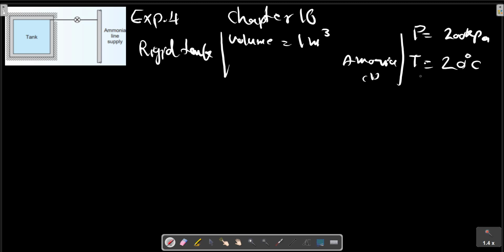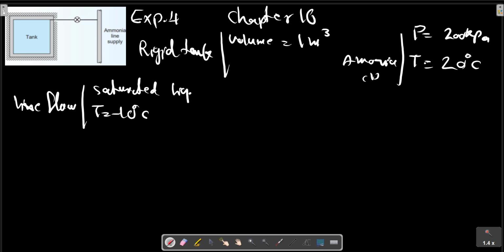Flowing saturated liquid, line flow, saturated liquid at... The valve is open and the tank is charged quickly until the flow stops as the valve is closed.